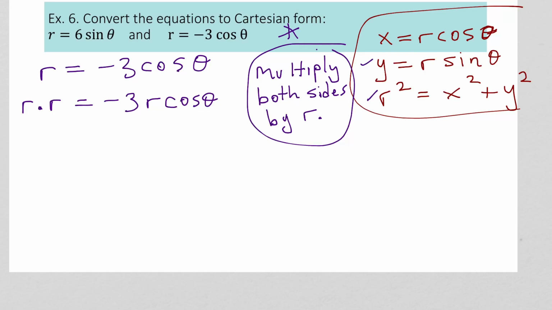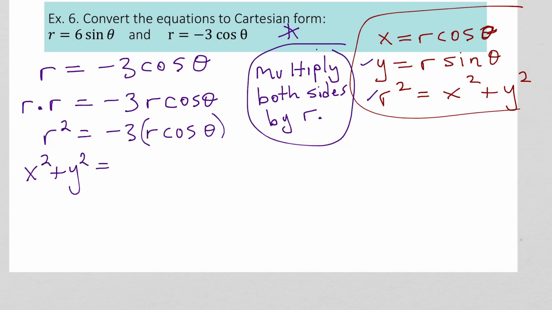So we've got r squared is equal to negative 3r cosine of theta. Now we're going to substitute for r squared, knowing that r squared is x squared plus y squared. We also know that r cosine of theta is equal to x.